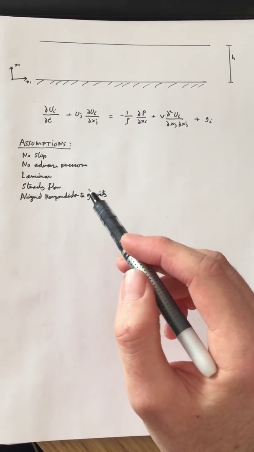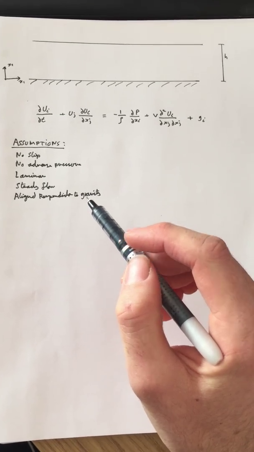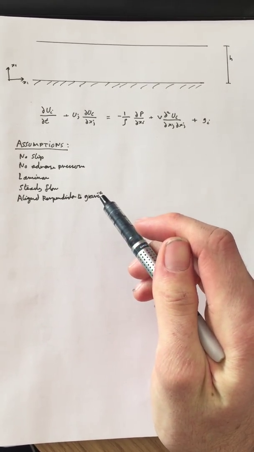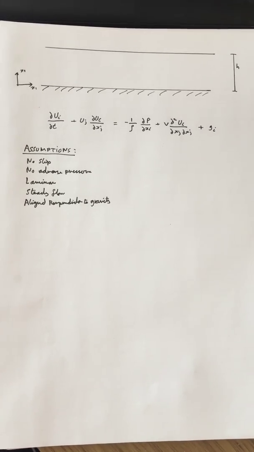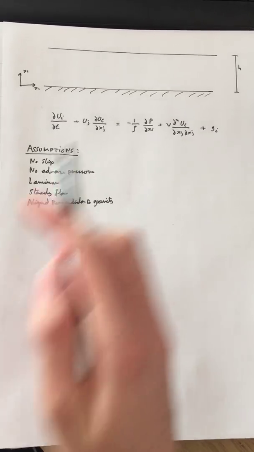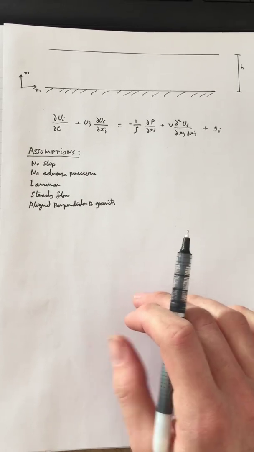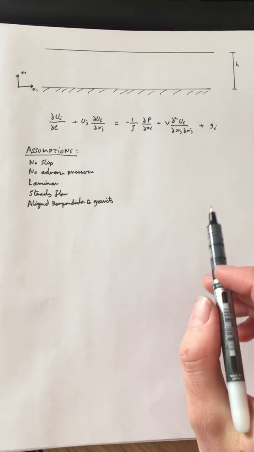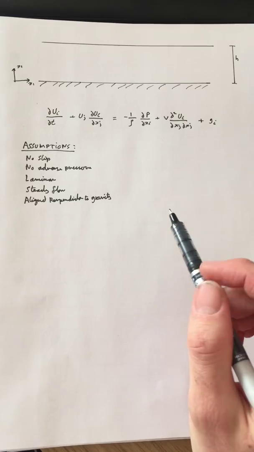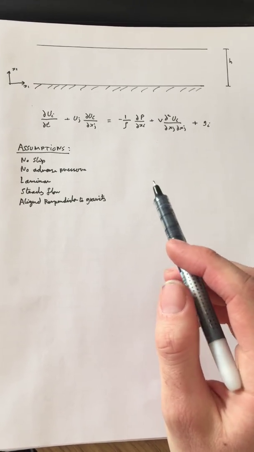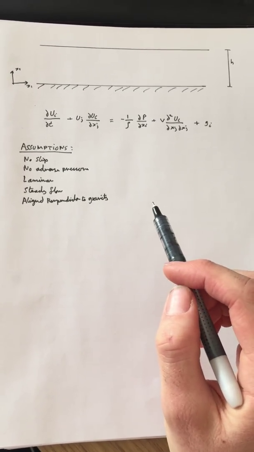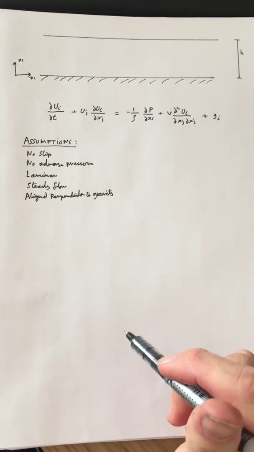There are a few cases where these can be solved by hand, and one of them is the Couette flow. So in the first video we're going to be finding the general solution to this Navier Stokes Couette flow problem.